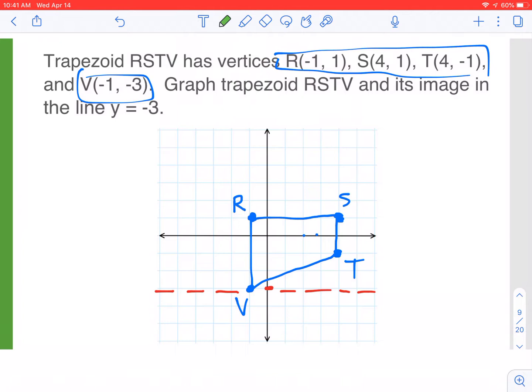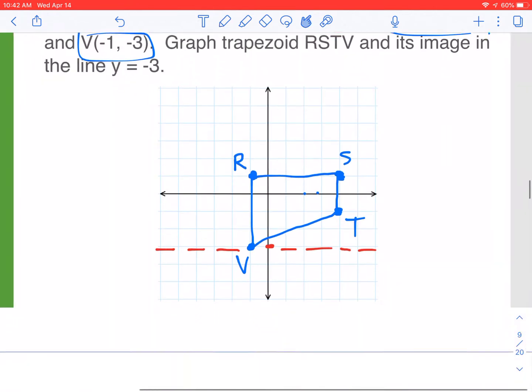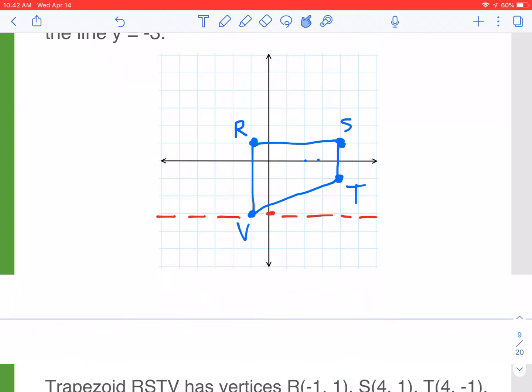You take your pen or pencil and count. For T prime, how far away is it from the line? It's 2 away, 1, 2, and 2 away down here.